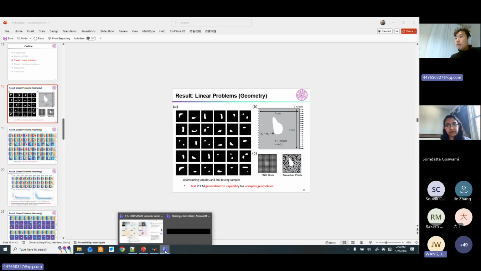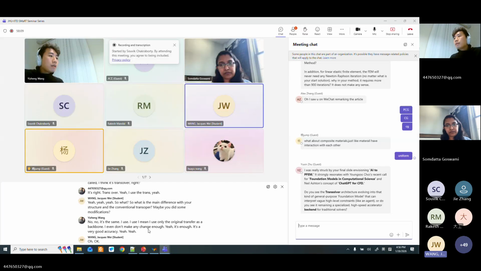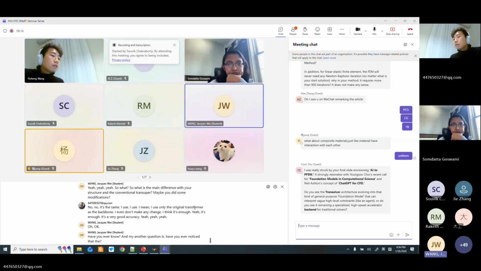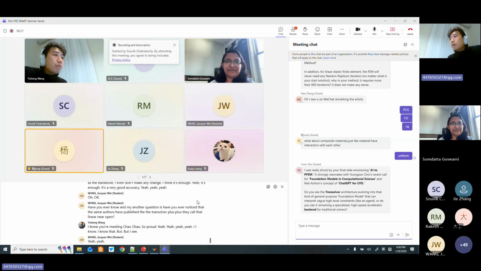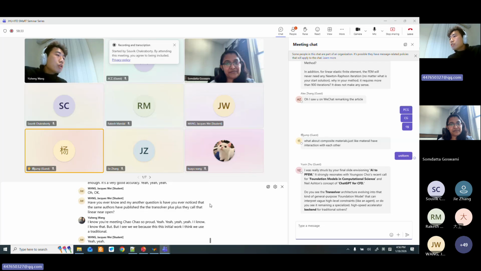My other question is, have you noticed that the same authors have published Transolver plus plus, the linear Transolver? Yes, I know that. Because this is initial work, I think the traditional Transolver is enough.